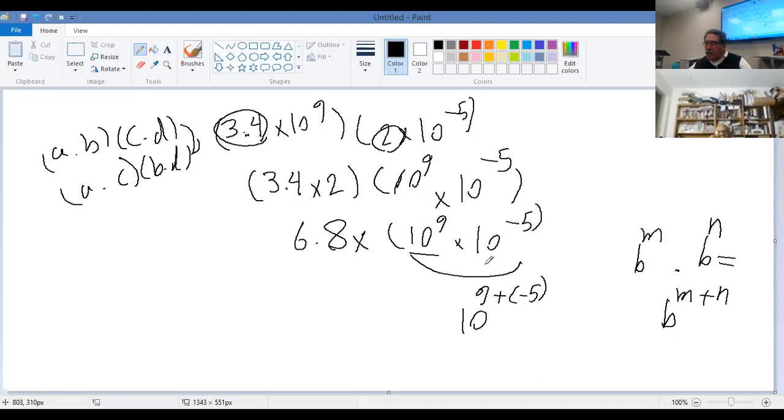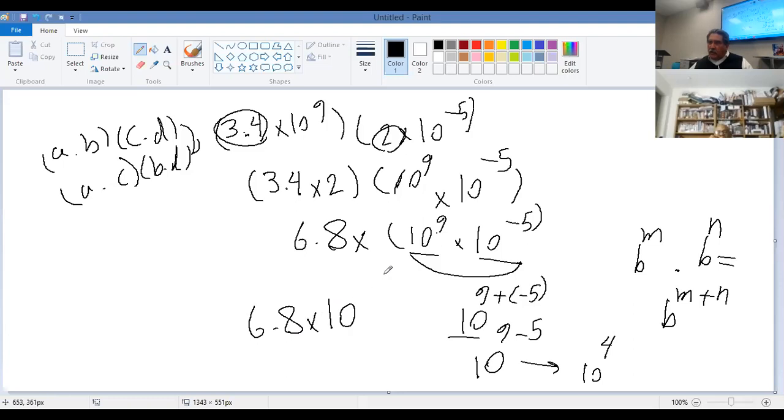So 10 and 10, I write 10 and just add their exponents, 9 plus minus 5. Are you with me? Yep. Okay. So what is 9 plus minus 5? Same as 9 minus 5. That's 10 to the power of 4. Are you with me? Mm-hmm. Okay, so this whole thing becomes 6.8 times 10 to the power of 4.